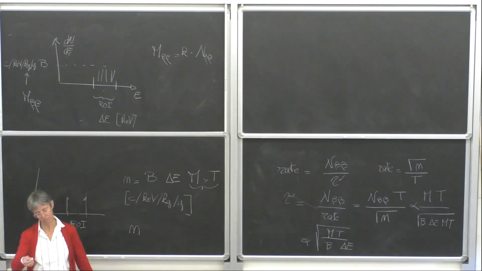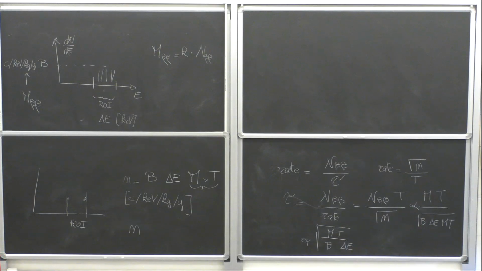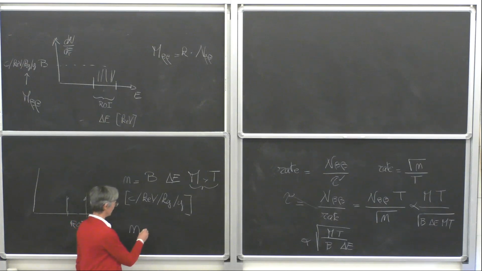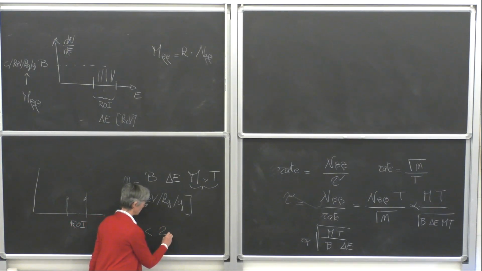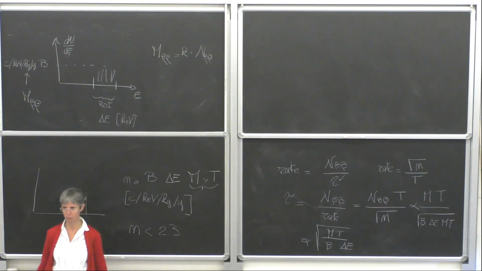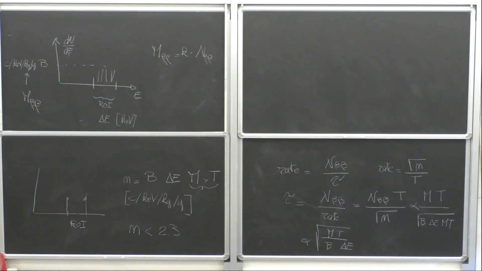There are papers and papers that discuss how to set this upper limit, but in any case, the number doesn't change. If I don't remember wrong, it's 2.3 at 90% level, but you have to check because I'm not sure. If it is not 2.3, it's 2.6, it doesn't change.